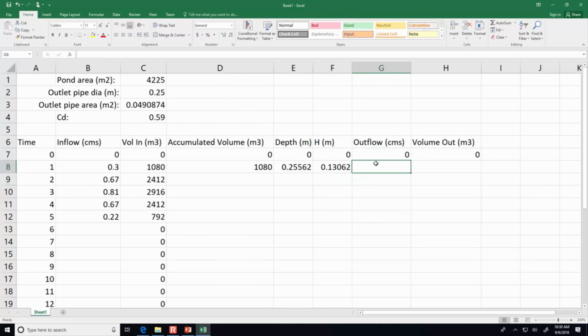Okay, outflow. Remember, for the orifice equation, Q equals C sub D times the area of the pipe times the square root of 2GH. This is the formula we're using for outflow. So it's equal to the outlet pipe area times the C sub D times the square root, SQRT, of 2 times G, 9.81, times H, which was this column F value.